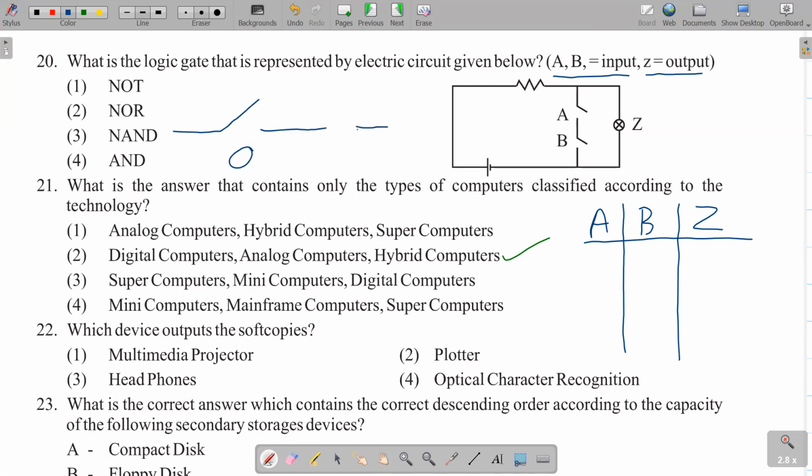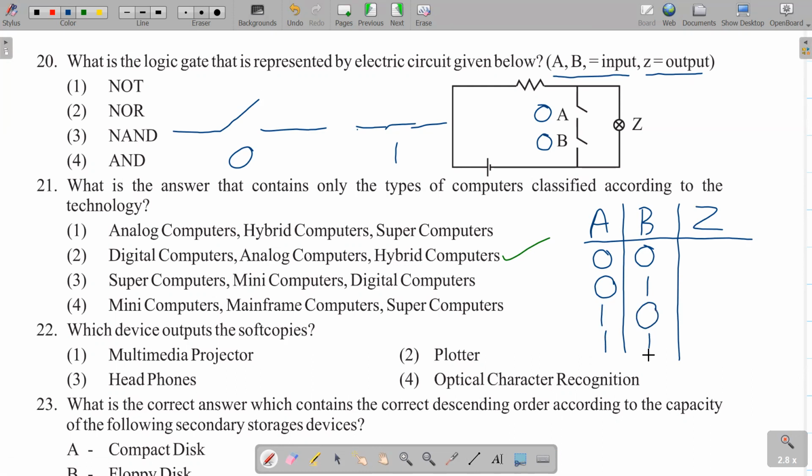If the switch is in the closed position, that means it is a 1. So in this diagram, A is representing 0 as well as B is representing a 0. Likewise, this has 4 combinations.